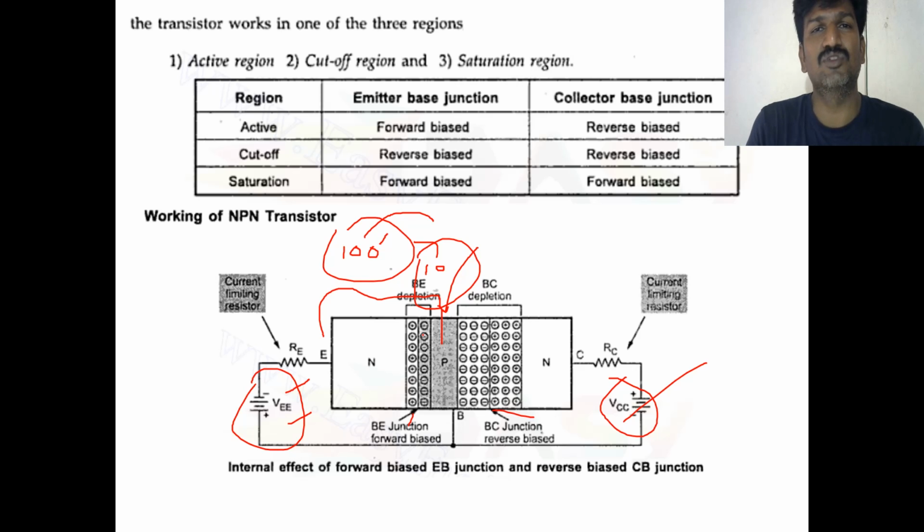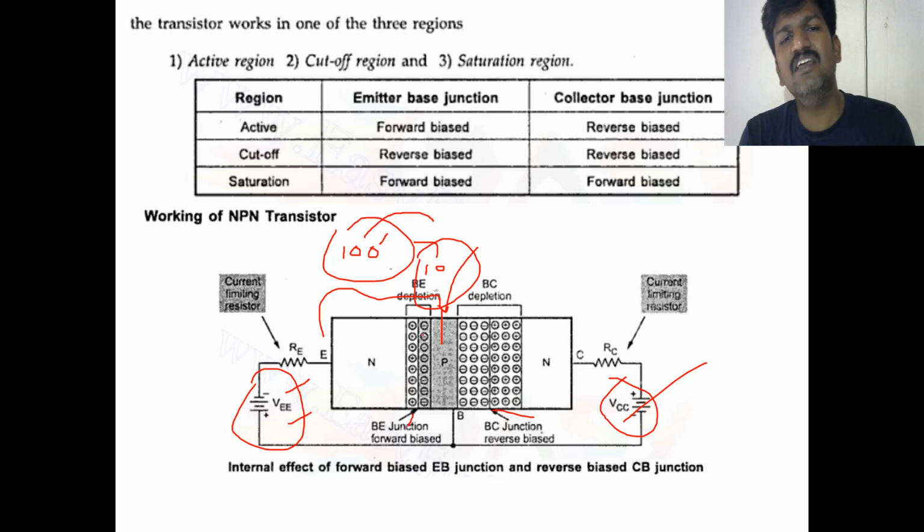Why do they diffuse? Because the base material has a thin area and its doping level is very low compared to the emitter and collector. Due to this reason, though the BC junction is reverse biased, 90 electrons diffuse to the collector terminal, which leads to the collector current in the n-type material of the collector.